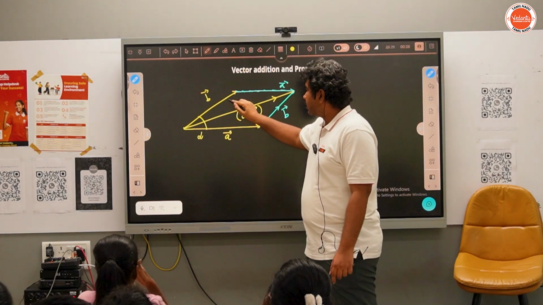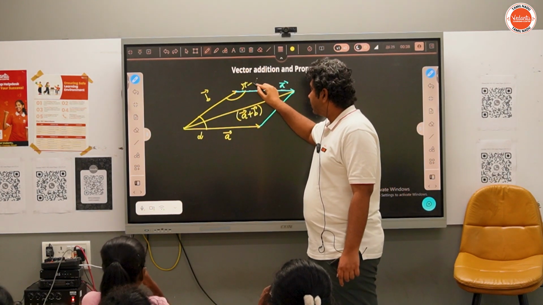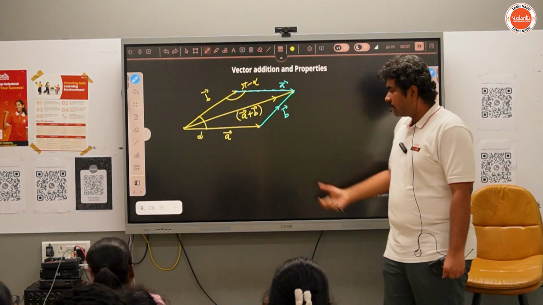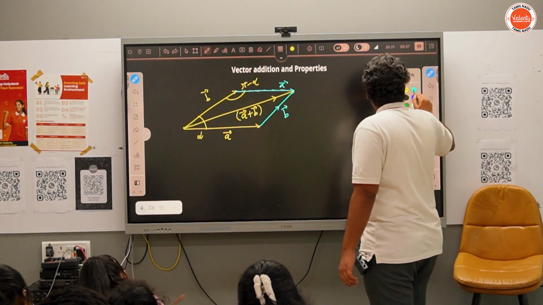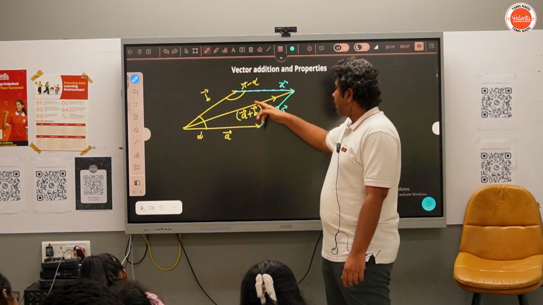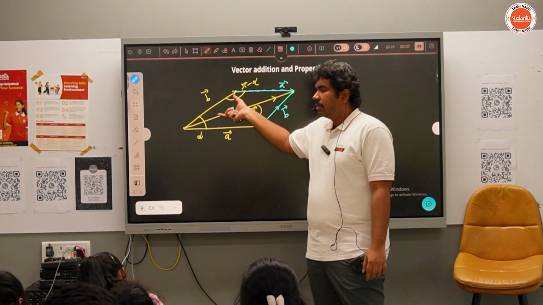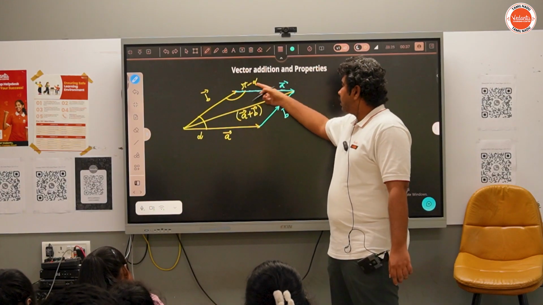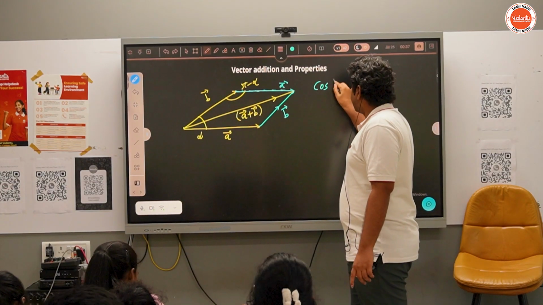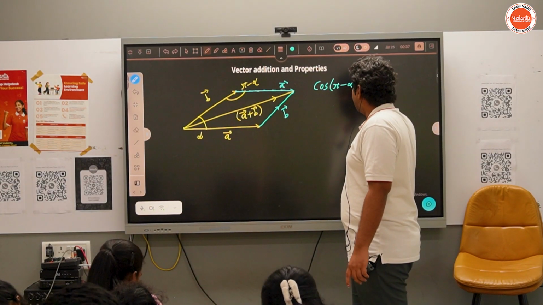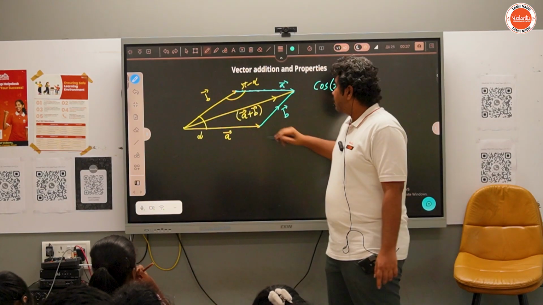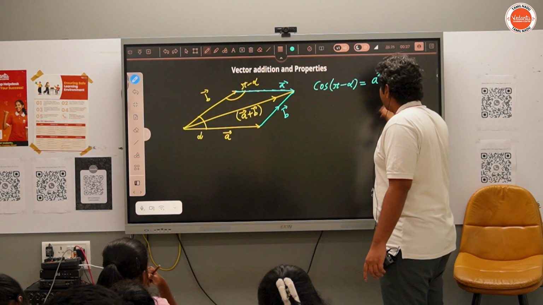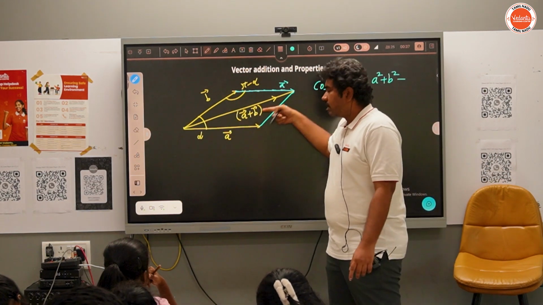So if this is alpha, I can just write this as pi minus alpha. If anyone does not know the cosine rule, just make a note of it. Here we can use the cosine rule. Given the adjacent sides, we need to find the opposite. So cos of pi minus alpha can be given as a square plus b square minus, I will take this as r.